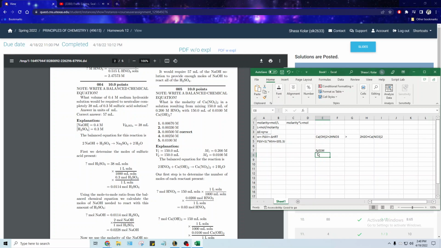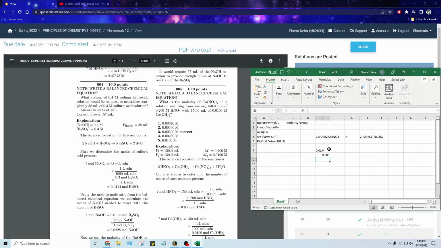We're decreasing its concentration by a half because we're adding exactly 150 milliliters to 150 milliliters. It's going to be halved, so we can just divide by 2. So our new molarity would just be 0.005 because it's 1:1.